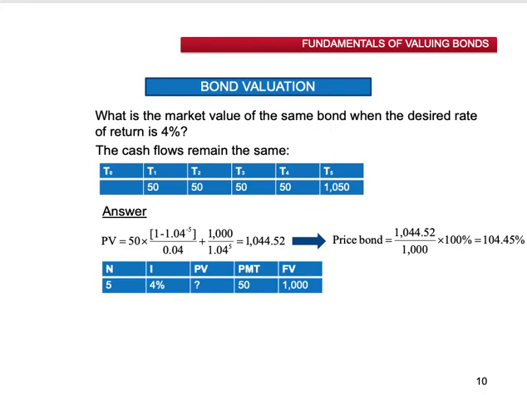So if we are going to fill in the new yield in the equation, and of course, the coupon payments remain exactly the same because the company has promised us to pay 50 per year plus the face value of 1,000 back at T5. So that's exactly the same as the previous two examples. The only thing that has changed is the 4%. So filling it in the equation, we will get to a new price of 1,044 and 52 cents.